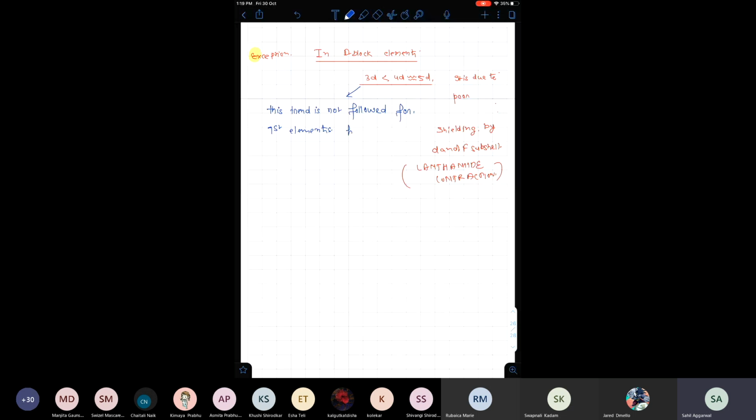So scandium is smaller than yttrium is smaller than lanthanum. This is regular. Increases down the group.